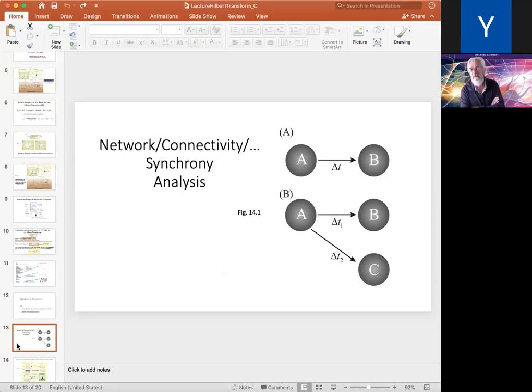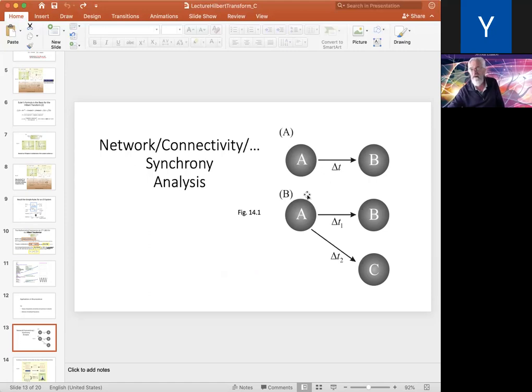And of course that cannot really be done, because if we find that neuron A and B have similar activity but that there is a delay delta t between them, you cannot just say that there must be a connection between the two. That might be, but it might not be the case.